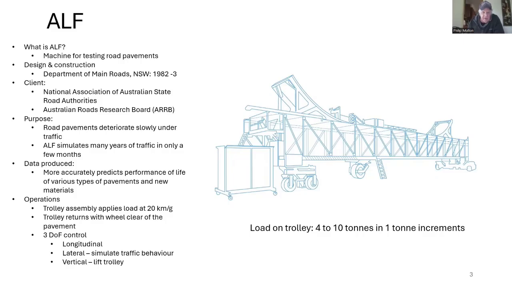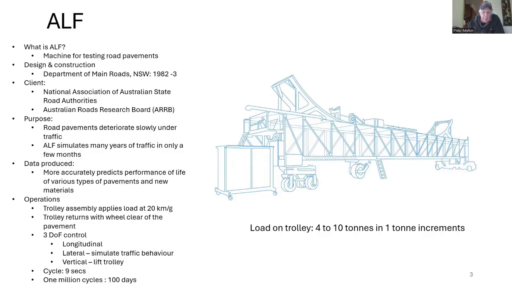So there were 3 degrees of movement: longitudinal, and that was to put a load on the road or pavement. There was a lateral, and that simulated traffic behavior, and a vertical, which lifted the trolley in the return direction. And I contributed to the electronic control and also with the lateral that is simulating the traffic behavior.